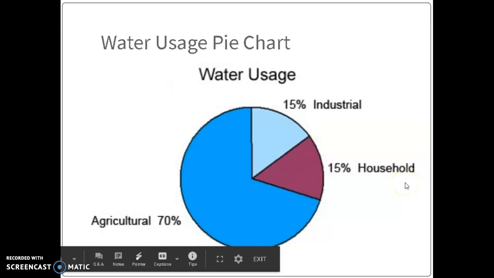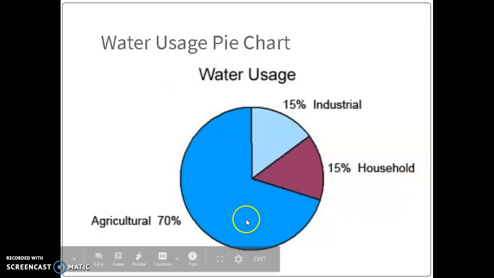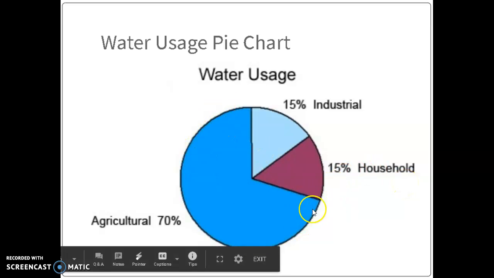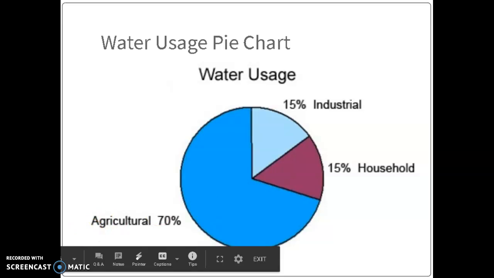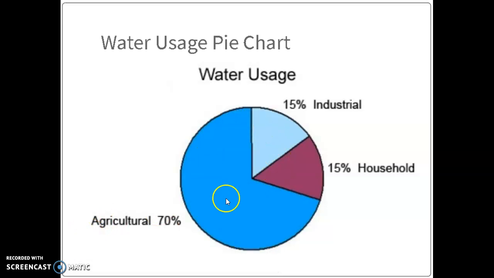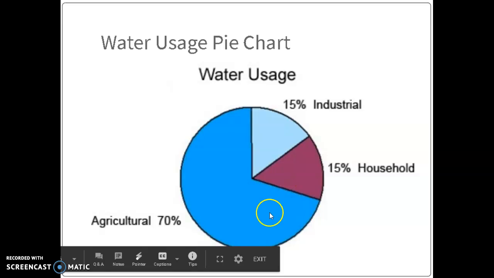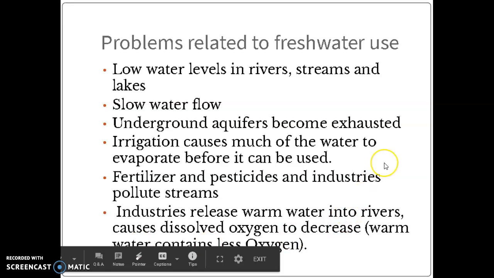Alright. So 70% of our water usage actually gets taken up in agriculture, 15% for industry, 15% for household. So a lot of our water use is just to create the food that we need to eat, used by the farmers.